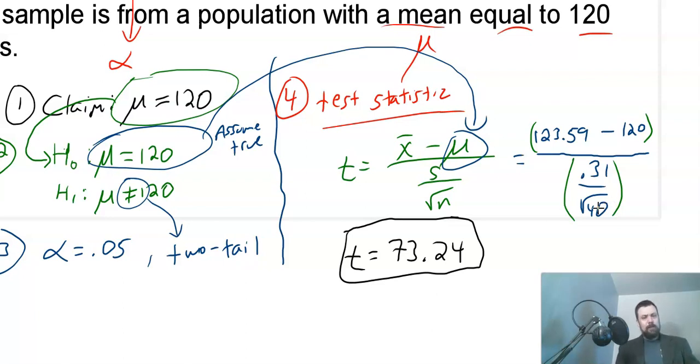And I'm like, okay, well, actually, this does kind of make sense because the standard deviation is so small that if 120 actually was the population mean, then our sample mean should not venture very far from that, especially with such a small amount of variation, especially with a sample size of 40. That's another factor here.